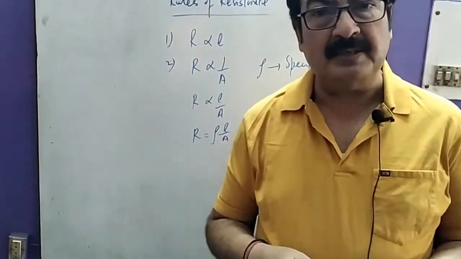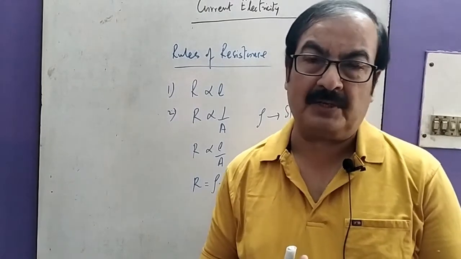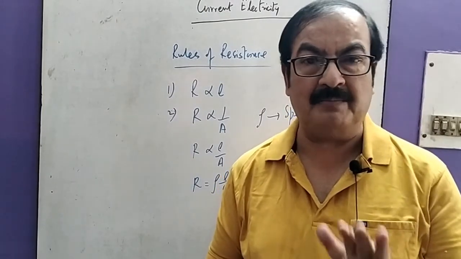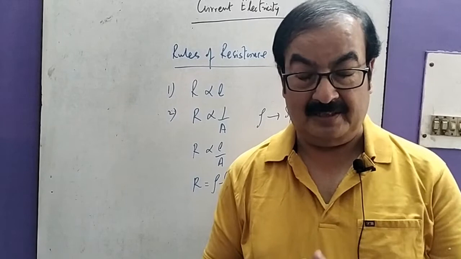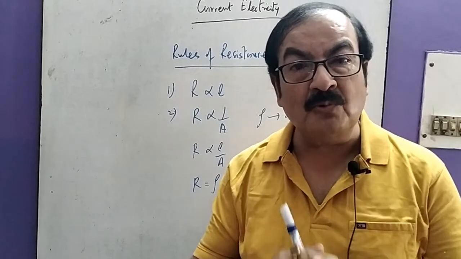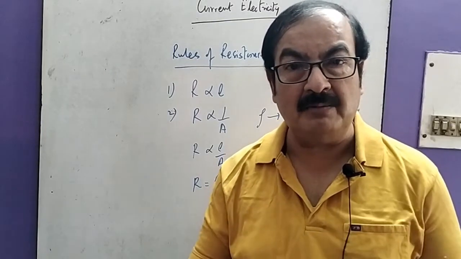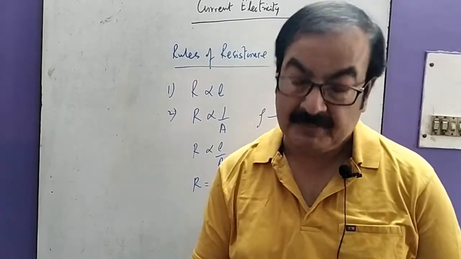The resistivity decides how strongly the flow of current in any conductor can be resisted. And conductivity decides how smoothly the conduction of current takes place through a given conducting medium.